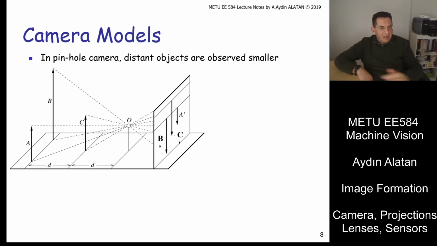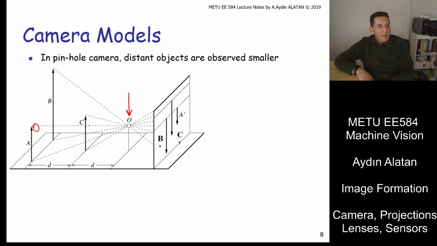Now here, if this is our pinhole here, and then there are these three scenes, the poles. These are like lamp poles. This is A, B, and C. These are in the same distances, 2D far away from this pinhole. This is 1D far away.